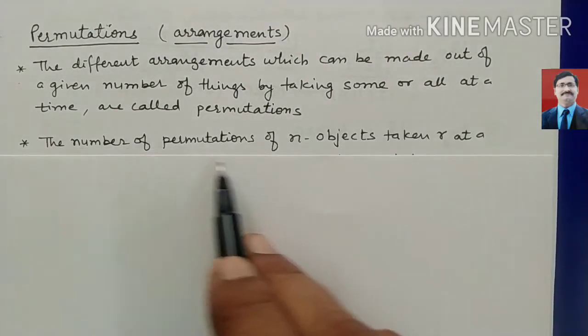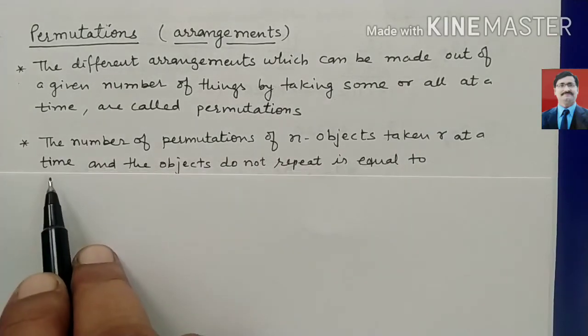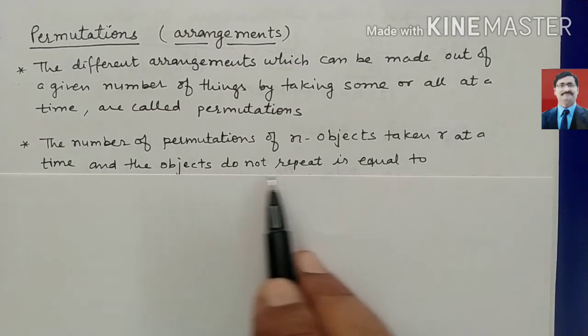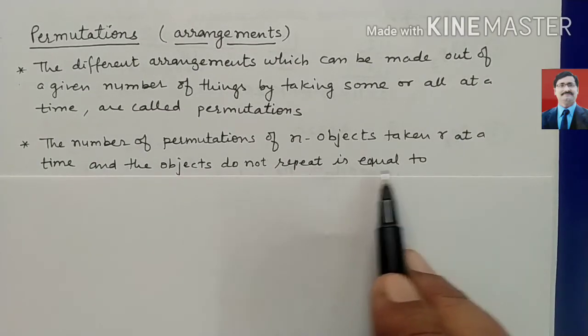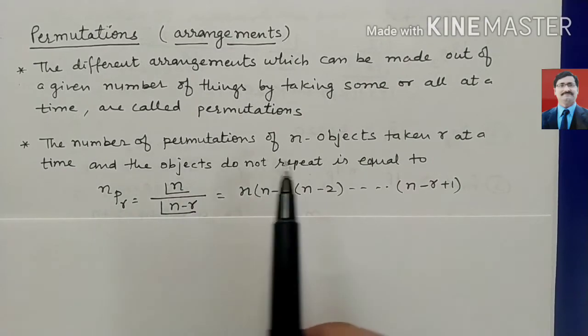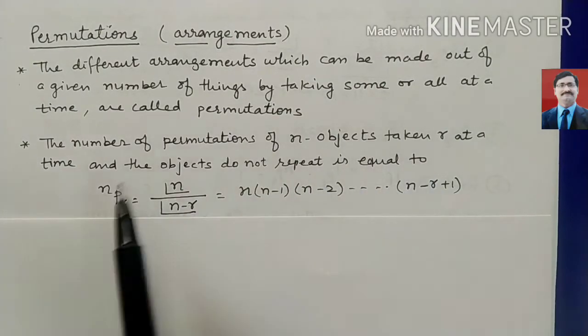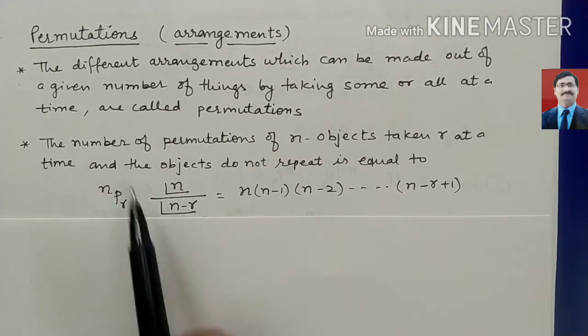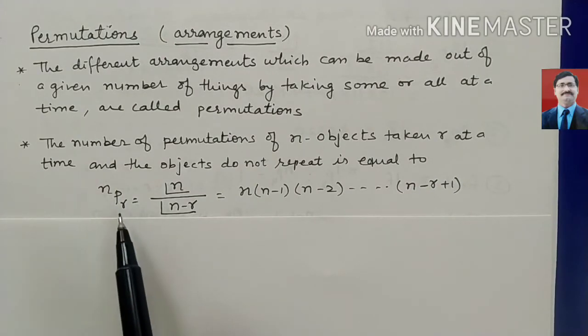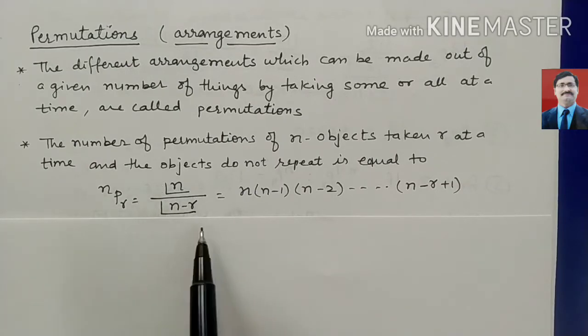Now the number of permutations of n objects taken r at a time, where the objects do not repeat, is equal to nPr. If we take n objects and from that take r objects at a time and arrange them, the formula is nPr equal to factorial n upon factorial n minus r.